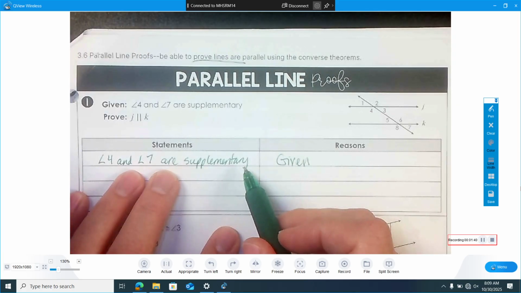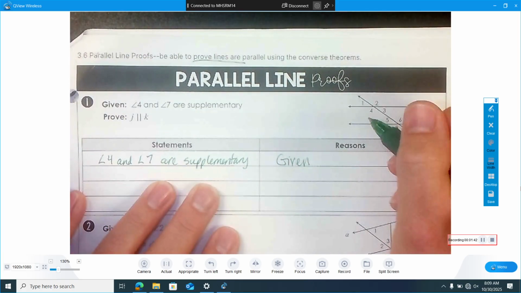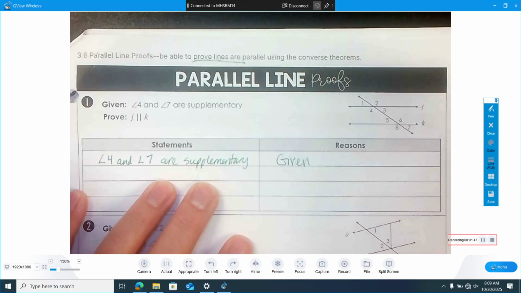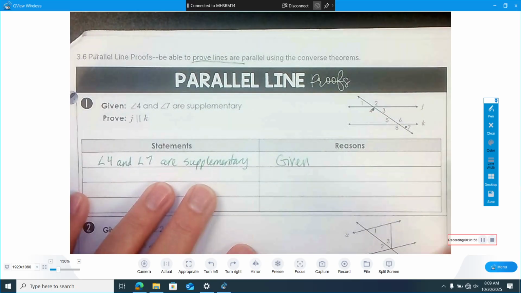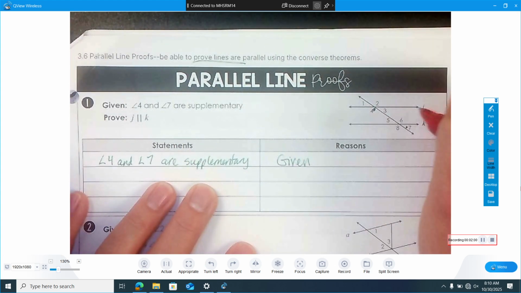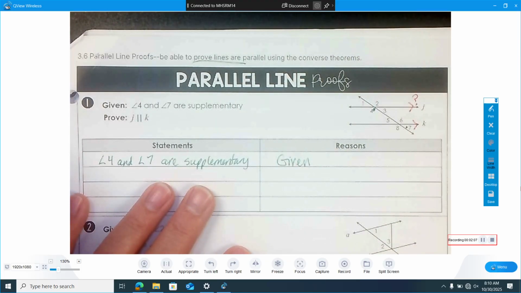So, again, I wrote something down. I'm going to go look at my picture here. That's kind of interesting. And we're trying to prove that J is parallel to K. This is what I'm trying to get to. I need to show that those two lines are parallel.